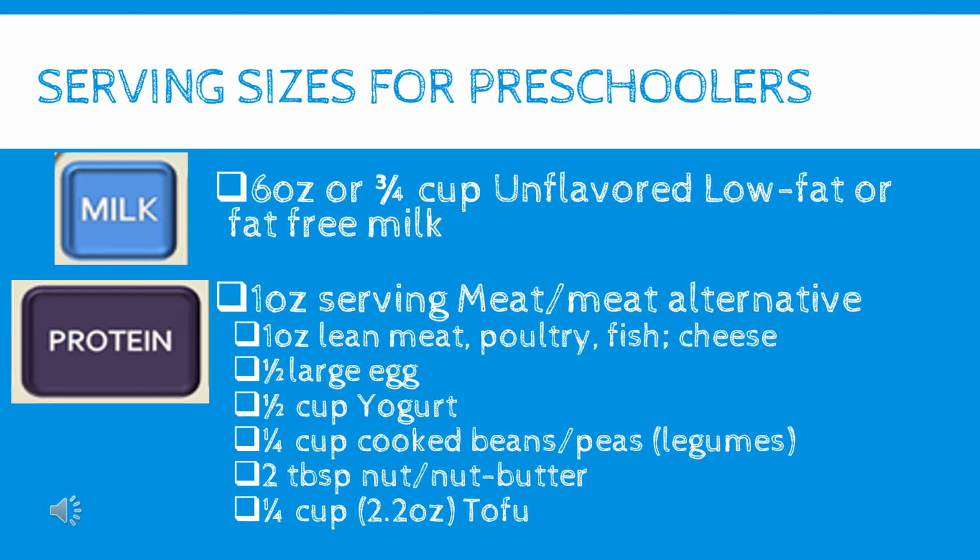For protein, it's 1 ounce serving of meat or meat alternative, 1 ounce lean meat, poultry, fish, or cheese, a half of a large egg, 1/2 cup of yogurt, 1/4 a cup of cooked beans or peas, legumes, 2 tablespoons of nut or nut butters, 1/4 a cup or 2.2 ounces of tofu.